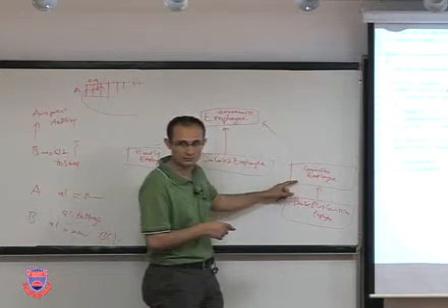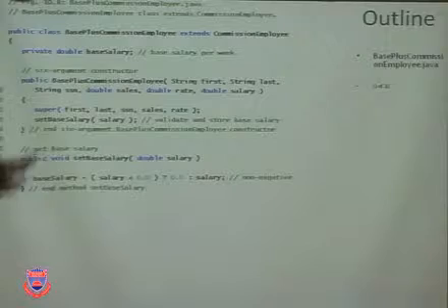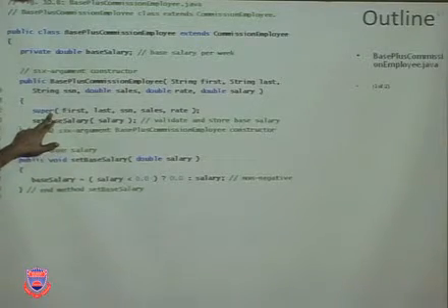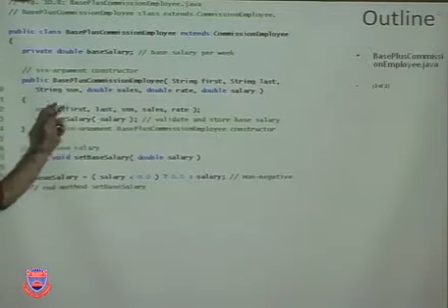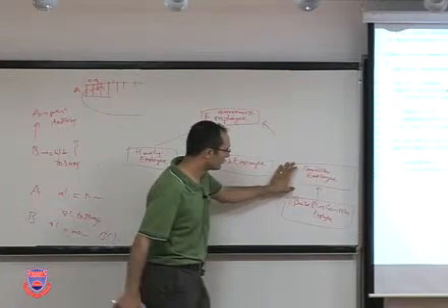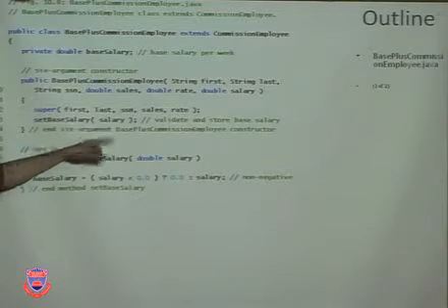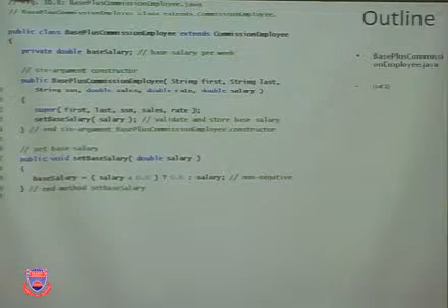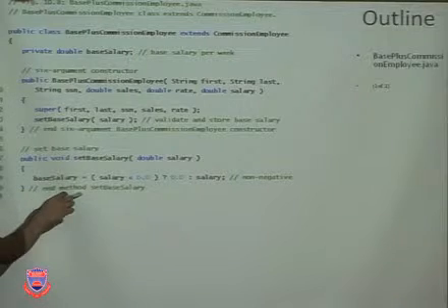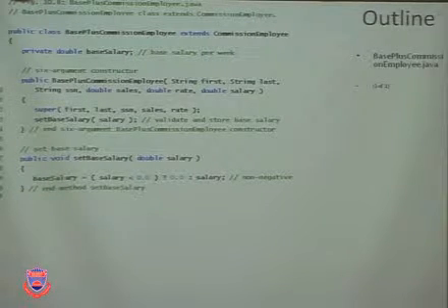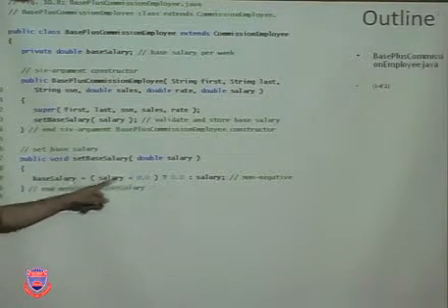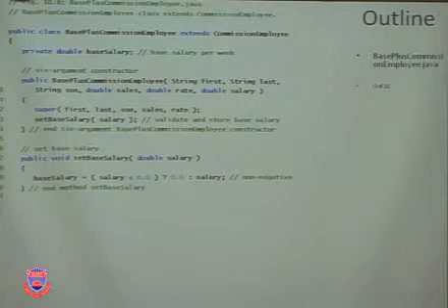So that's what you're going to multiply and add to the base. In this case, you're first going to call the constructor for the super, which is the commission employee constructor, and then you will set the base salary. Again, you can set it immediately to the salary that is given by the argument, and it's going to call this method to set the base salary.